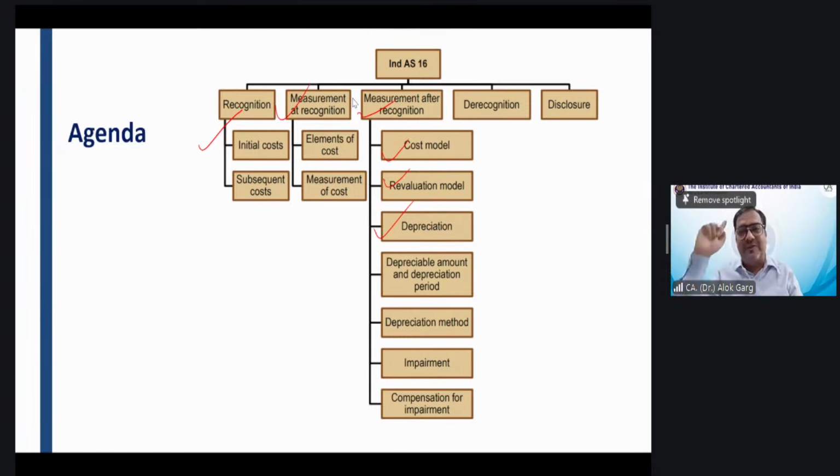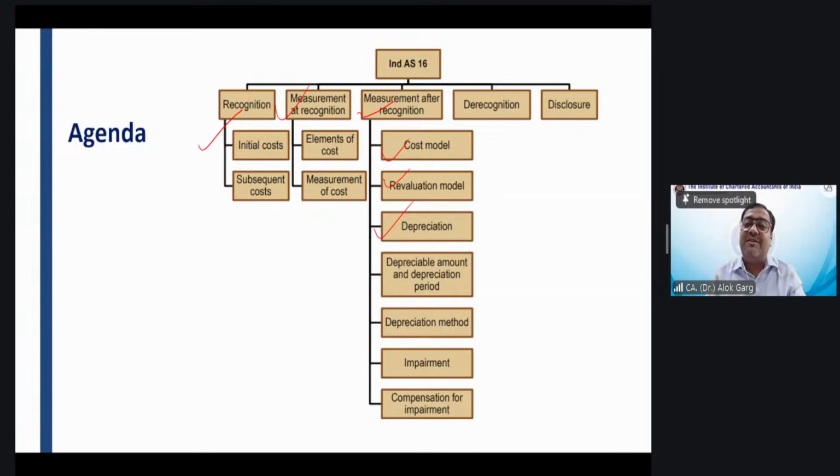Of course, sir, in accounting standard 10, we have covered cost model and revaluation model. Then there is a concept of depreciation, and you all know depreciation since class 11.